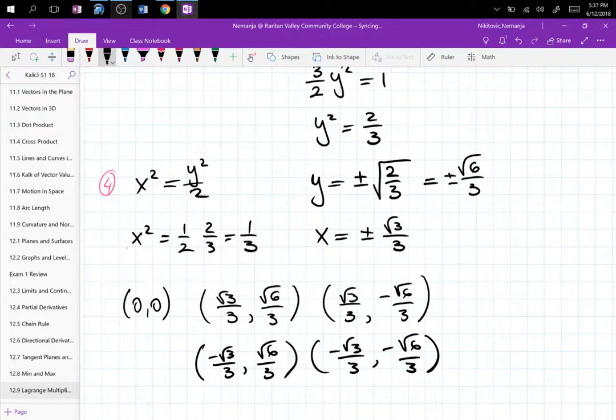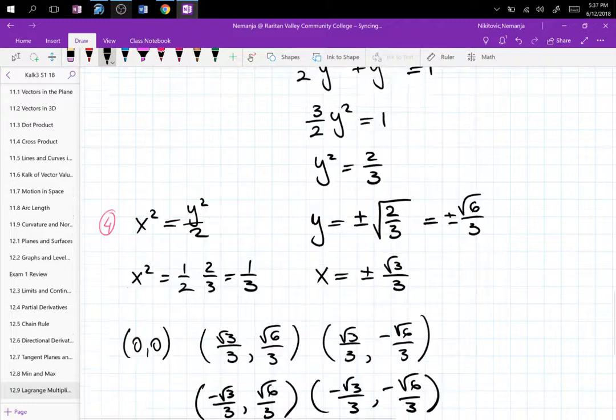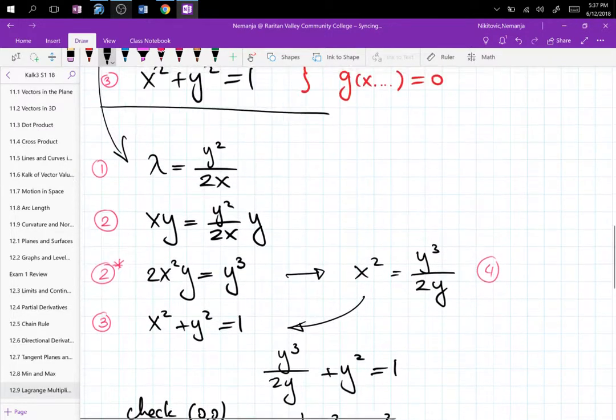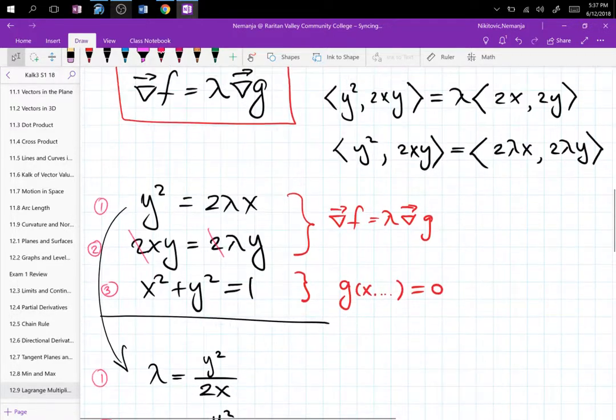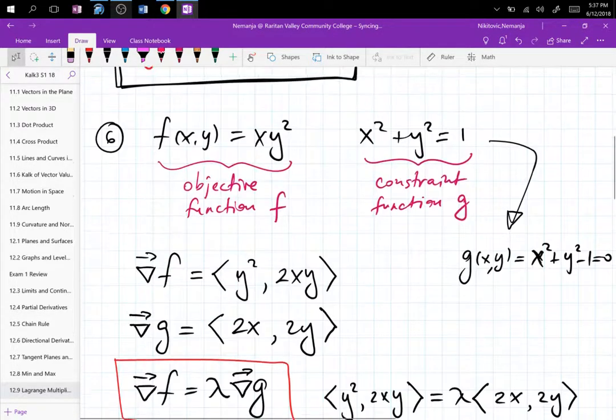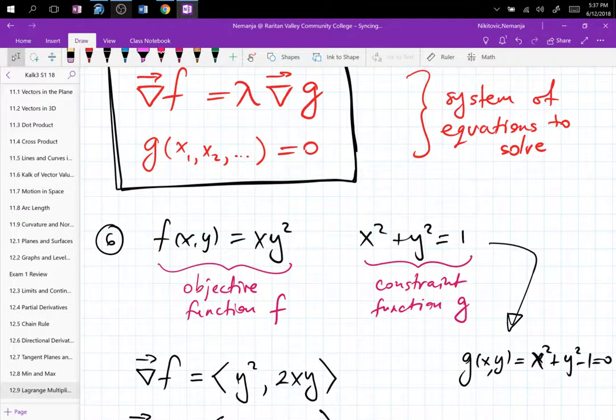Those are 5 candidates. Oh, this is how basic problems look, by the way. There's only 2 variables in there, x and y. Well, 3 with lambda, sure.